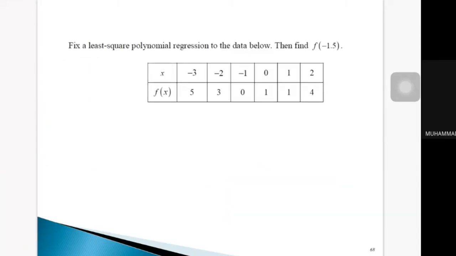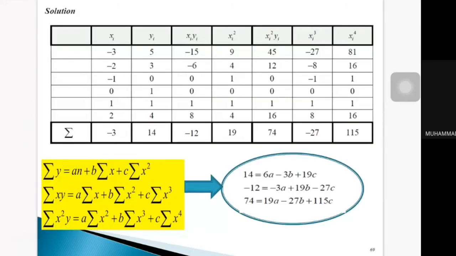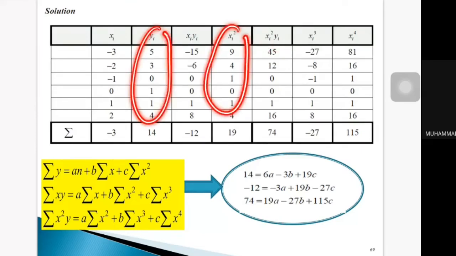Fit a least squared polynomial regression to the data below. Then find f(-1.5). This is your x and this is your y, y equal to f(x). Write down in table form x and y given, and the summation, x times y, for each of the points, xi squared, just square this value, you get this. xi squared yi, square this times y, so you get this.